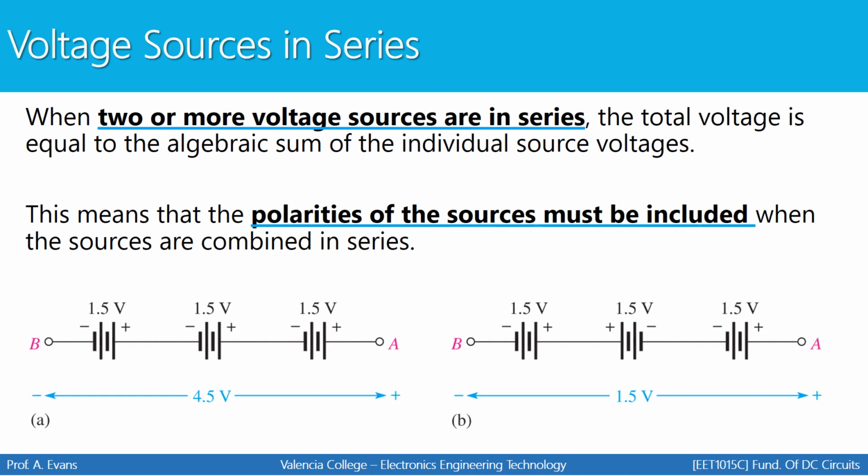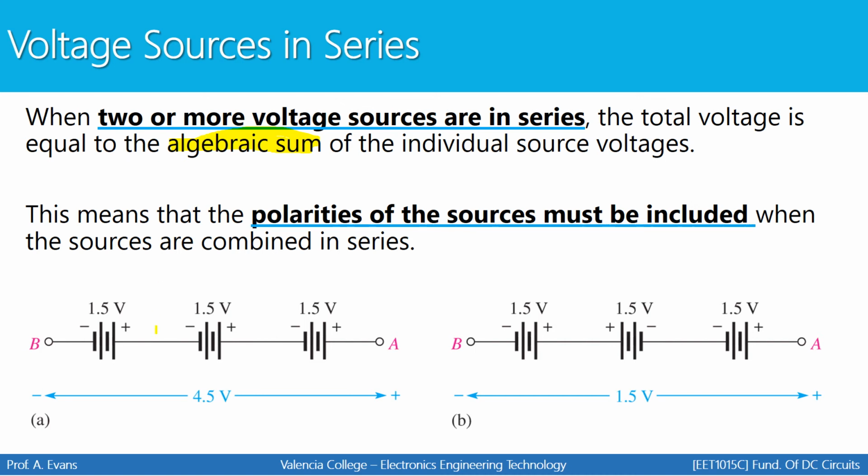Whenever you have voltage sources in series, the total voltage is equal to the algebraic sum of each individual voltage. Now this word here, algebraic sum, is important because it means we have to consider polarity when we add our voltage sources together.